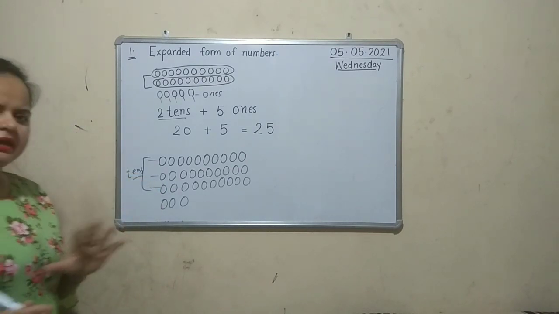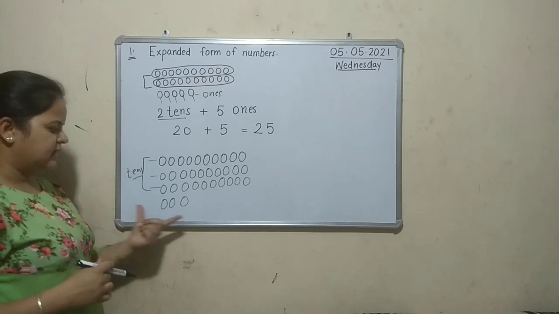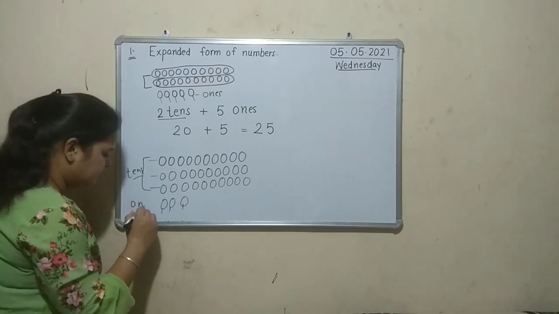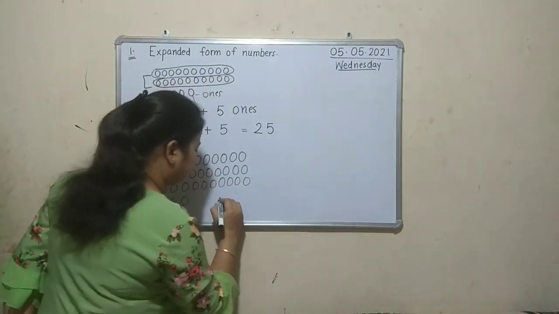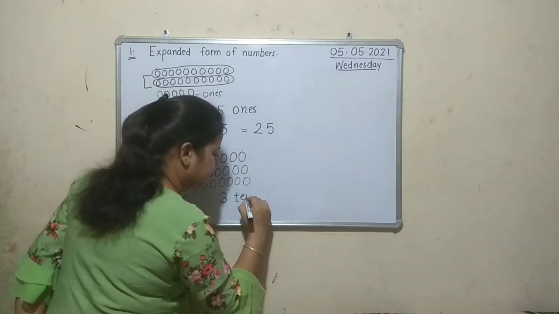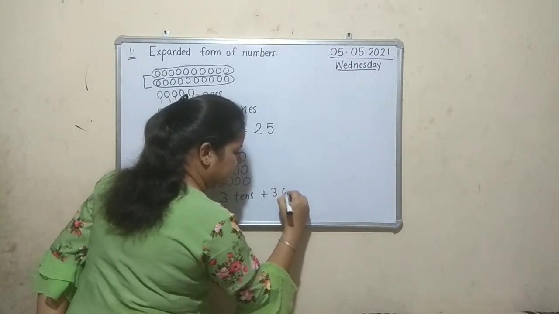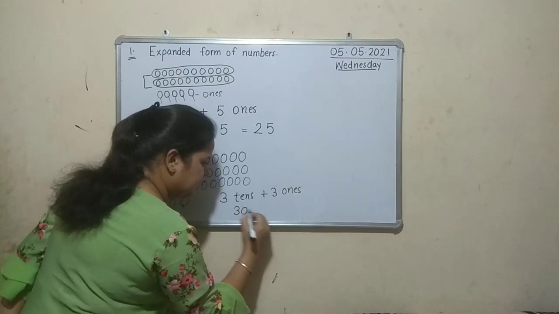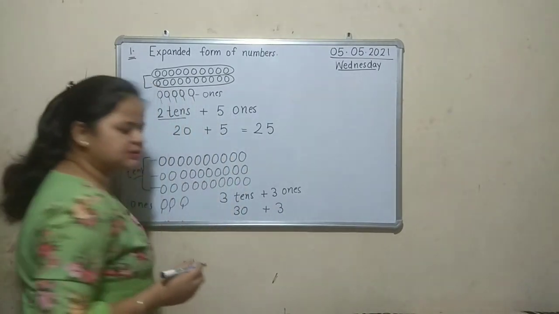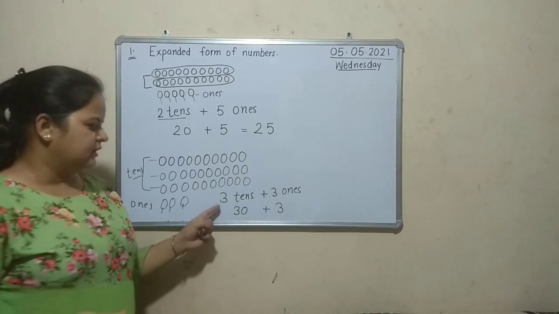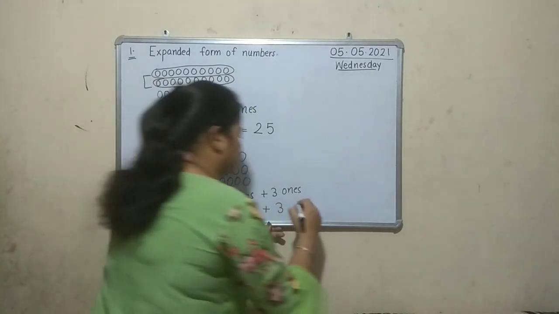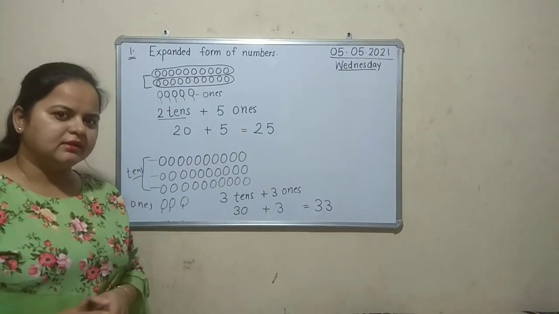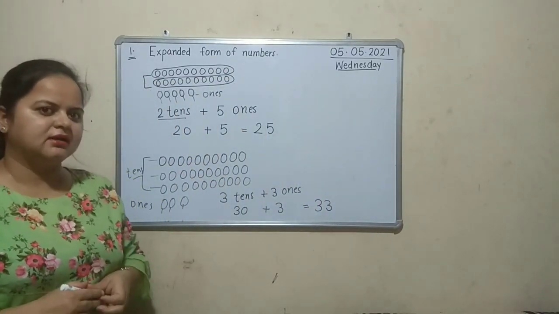So how many tens do we have? 3 tens and 3 ones. So we will write here 3 tens plus 3 ones. 3 tens means 30, plus 3 ones is 3. 30 plus 3, so the answer is 33. Done? Do it quickly.